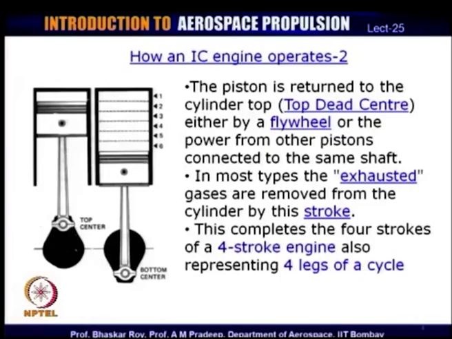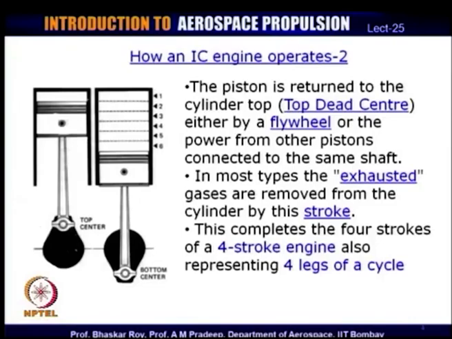So, out of the 4 strokes, 1 stroke is a power stroke, and the other 3 are sustained by the flywheel. So that till the next power stroke comes, the motion of the entire engine, the motion of the pistons, the motion of the shafts are sustained. This is important. If you do not do that, obviously, the engine is going to come to a halt.